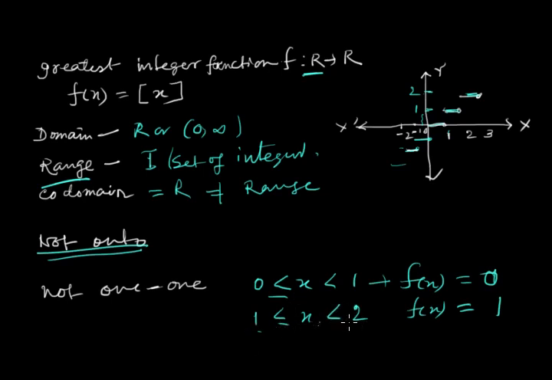For x between 1 and 2, the image is 1. So you can say that f is not one-one. So here also, on the graph you can study that the domain is all real numbers, and the range is the set of integers, which is not equal to the codomain, so the function is not onto. And as so many values of x between 0 and 1 have the same image, it is not one-one.